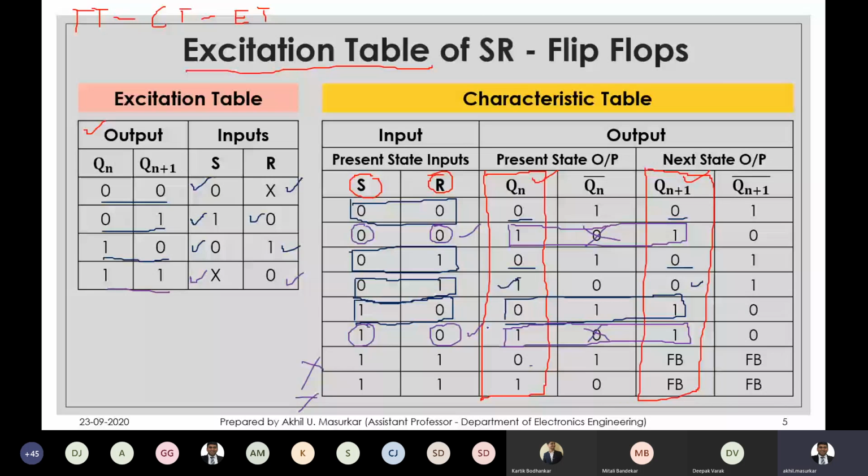Yes, any doubts? Please unmute and ask. Okay, if the excitation table is done, just write ET done in the chat box, please.